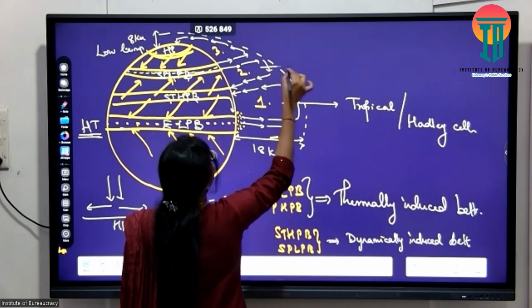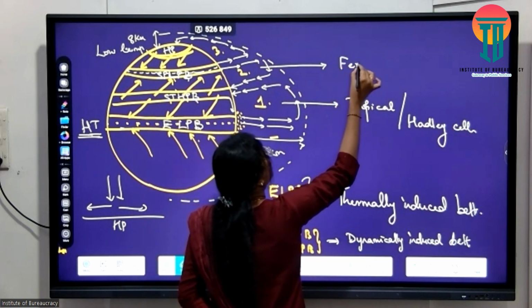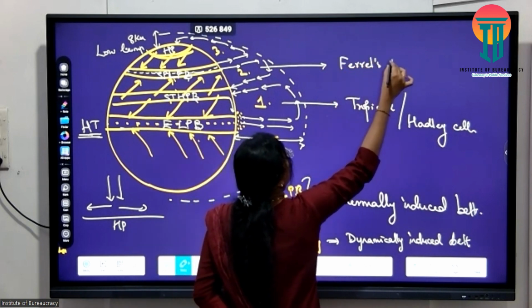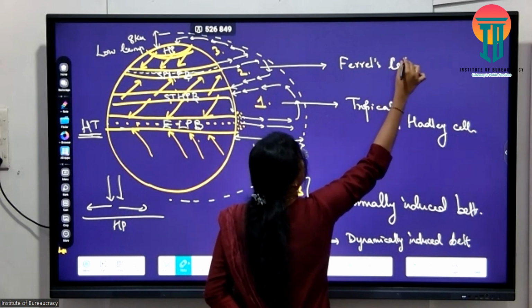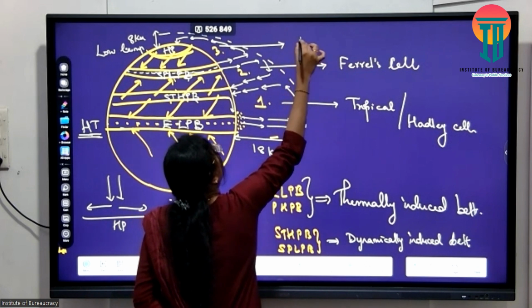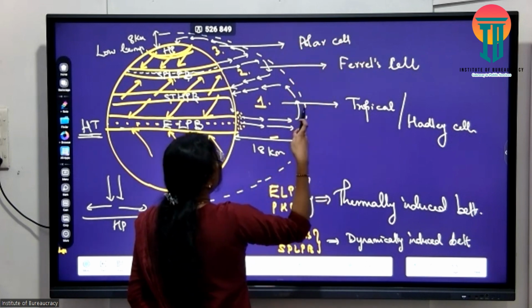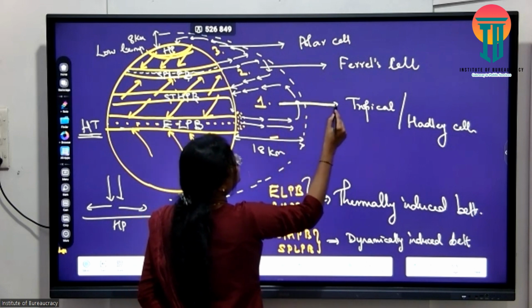The second one is known as the Ferrel cell. And the third one is known as the polar cell.